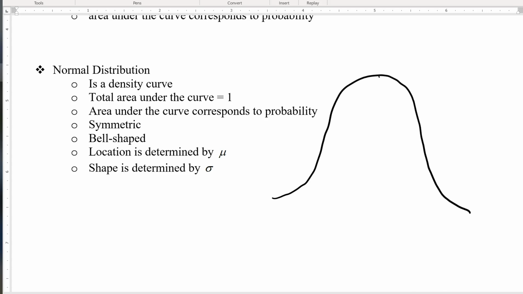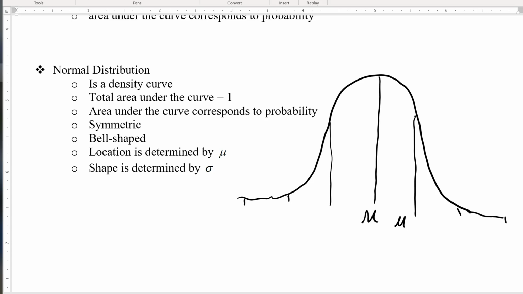And if it was normal, down in the center would be the mean. And then what we've done is we've split that up into 1, 2, 3 sections. This first one would be the mean plus 1 standard deviation, mean plus 2 standard deviations, and mean plus 3 standard deviations.